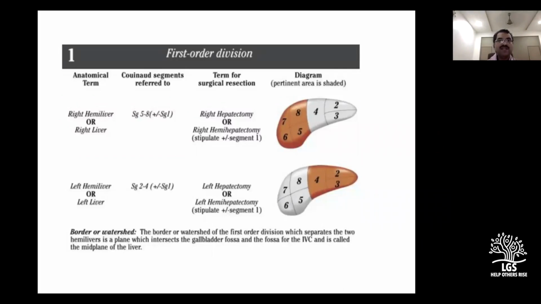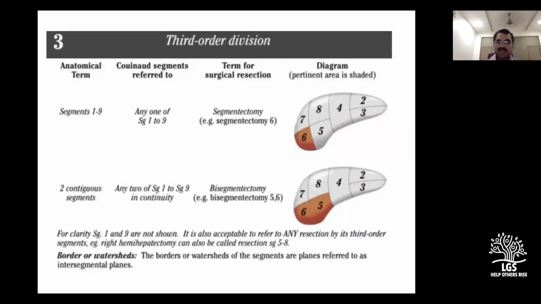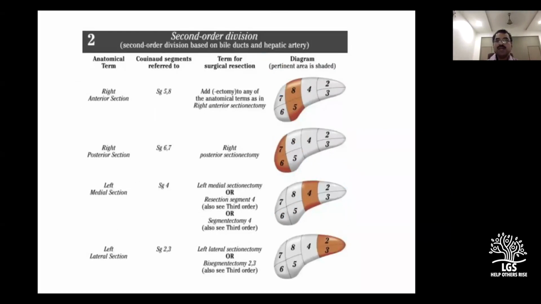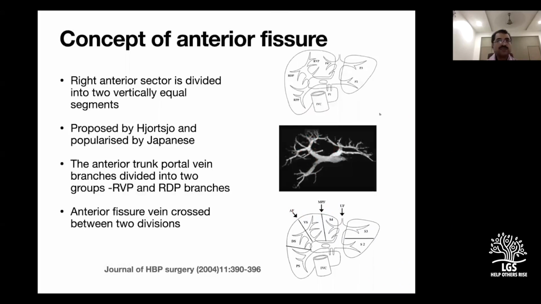So they divided the liver into first order division, second order division, and third order division. In the second order division, you can see the left lateral part actually contains segments 2 and 3. Whereas in the Couinaud system, the left lateral part is actually the posterior section that contains only segment 2.